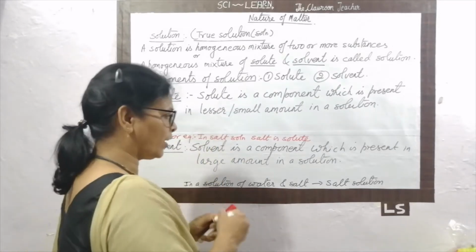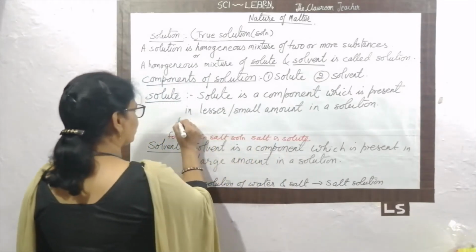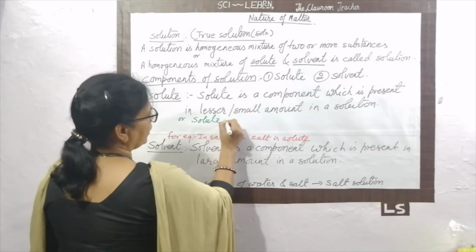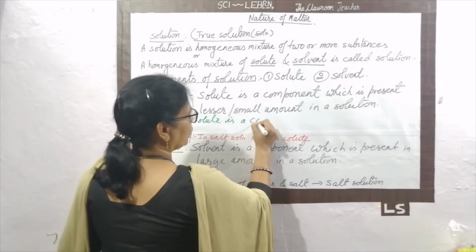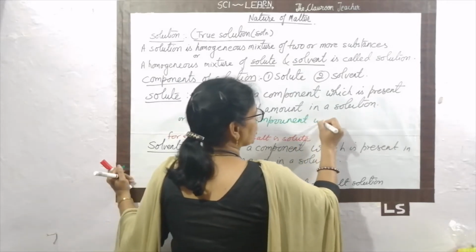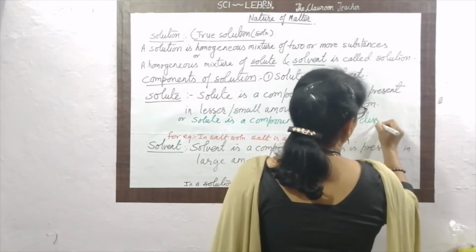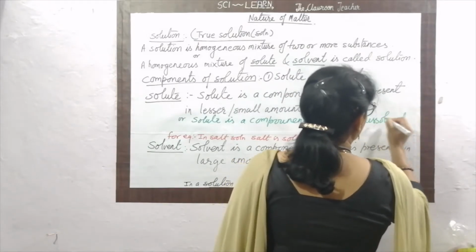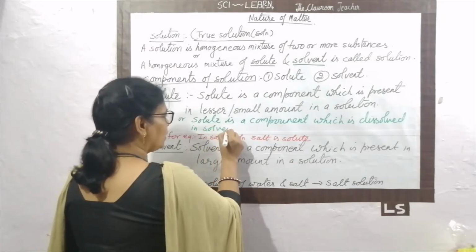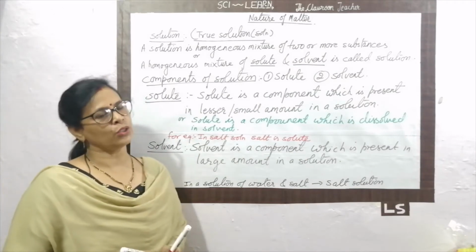One more definition we are able to write here. What is the solute? Solute is a component which is dissolved in solvent. So not only is the solute lesser in amount, it is also dissolved in the solvent.